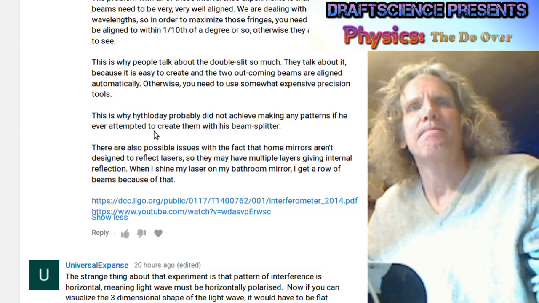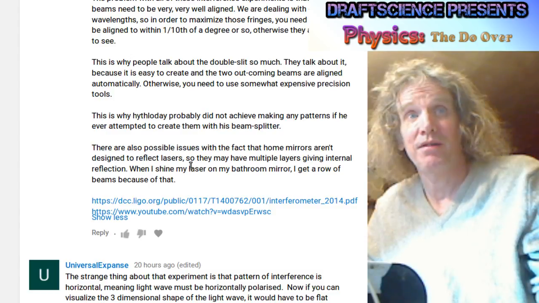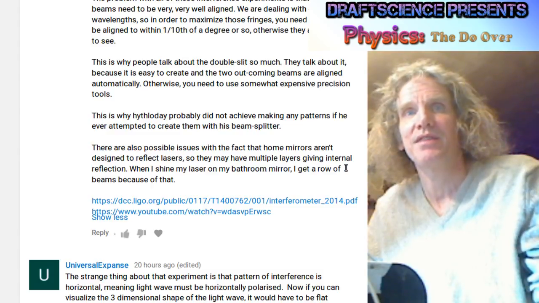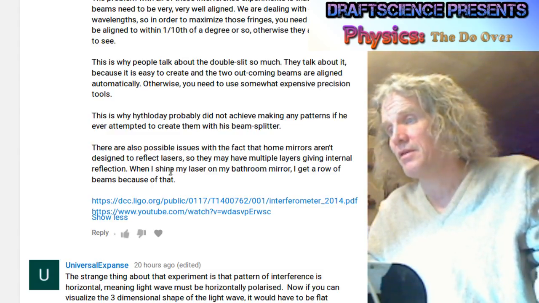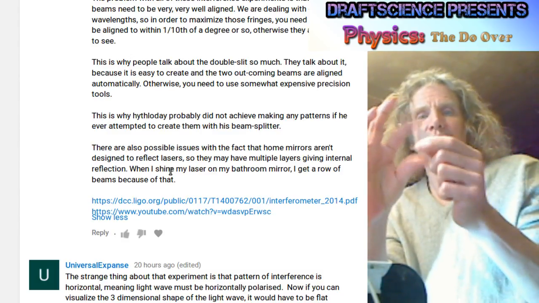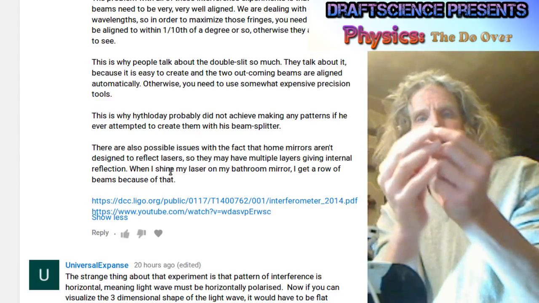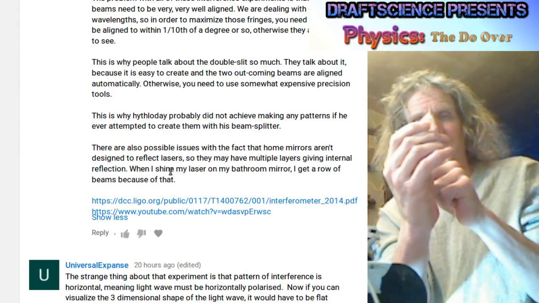All right. Let's see. There are also possible issues with the fact that home mirrors aren't designed to reflect lasers. Well, I don't think any mirror is designed for it, so they may have multiple layers giving internal reflection. I think internal reflection is inevitable because of the angle. Even in the cube, they're relying on this 45-degree angle. This 45-degree angle is what's changing the direction of the light.